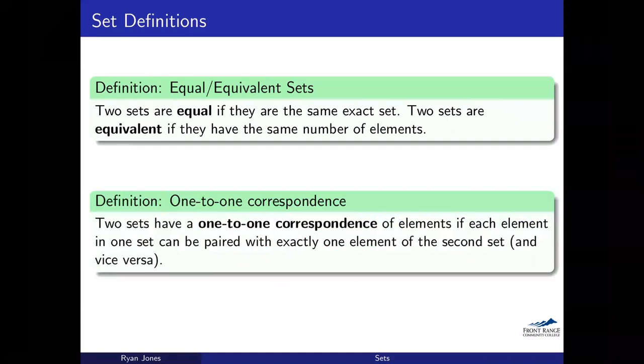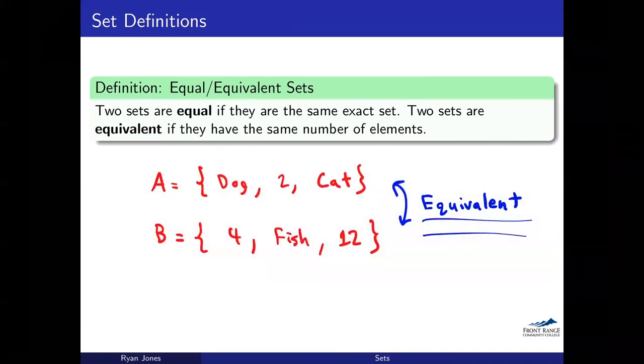Great. What we've got here, similar to equivalent, is that two sets have a one-to-one correspondence if each element can be paired with another element, and vice versa. So in these sets here, I could pair dog with 4. I could pair 2 with fish. I could pair cat with 12.